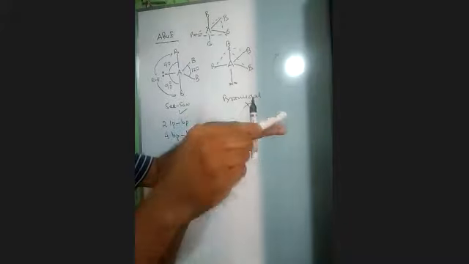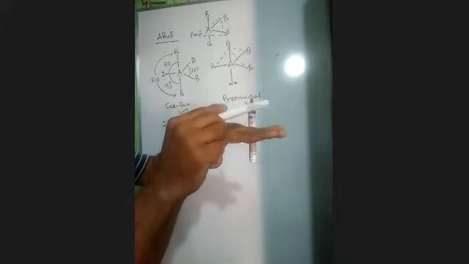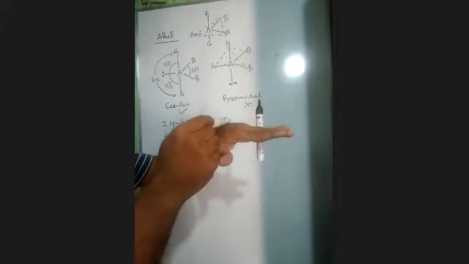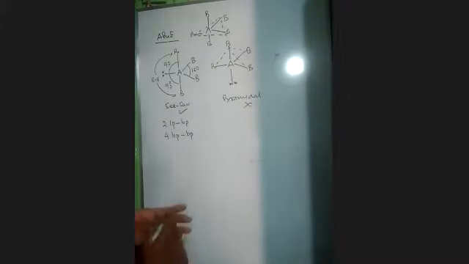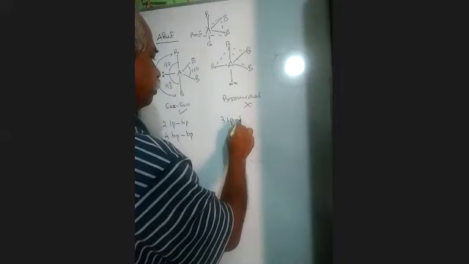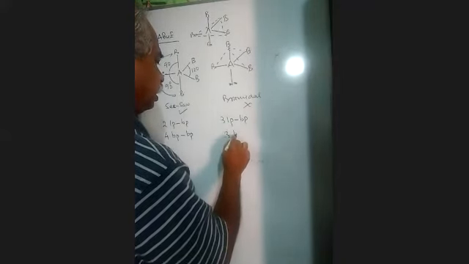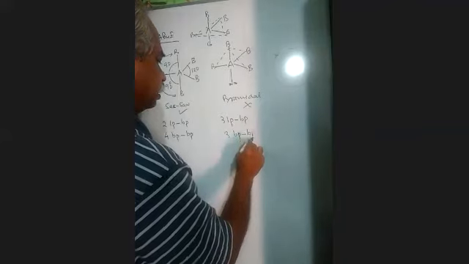Okay. So here B is there, here also B is there. So 1, 2, and 3. In that case, you have 3 lone pair-bond pair repulsions, and here 3 bond pair repulsions.